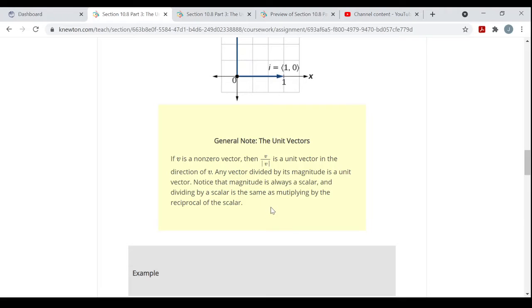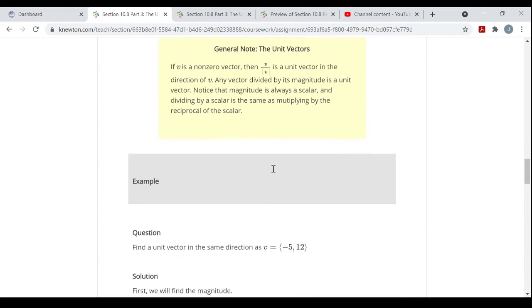Okay. So again, they mentioned, notice that the magnitude is always a scalar, and dividing by a scalar is the same as multiplying by the reciprocal of that scalar. So dividing by the magnitude is the same as multiplying the vector by the reciprocal of its magnitude, and it'll give you a vector that points in the same direction.